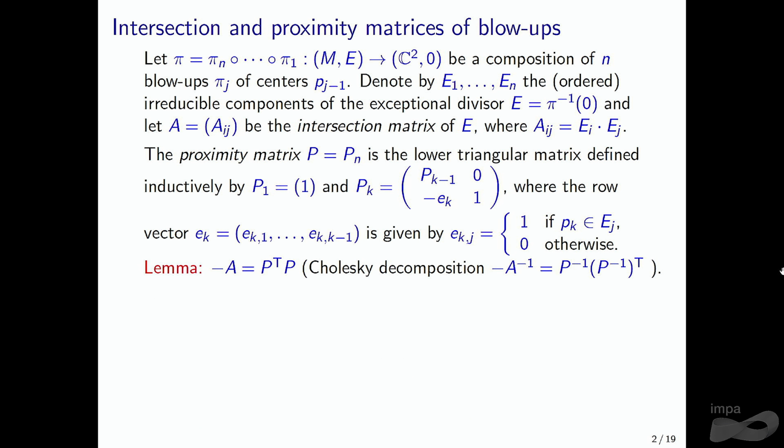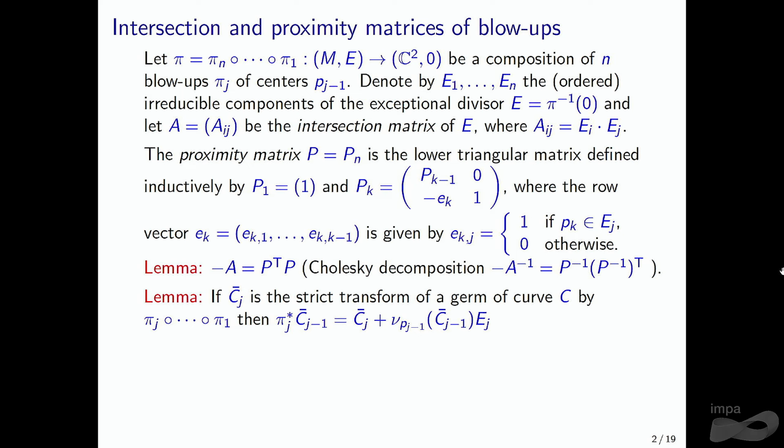And in fact, this is a general fact for any composition of blow-ups. We rediscovered this, saying that P gives the Cholesky decomposition of minus the inverse of the intersection matrix. And we use that.